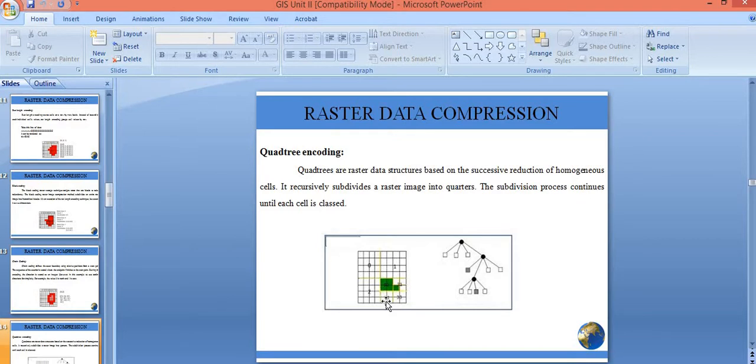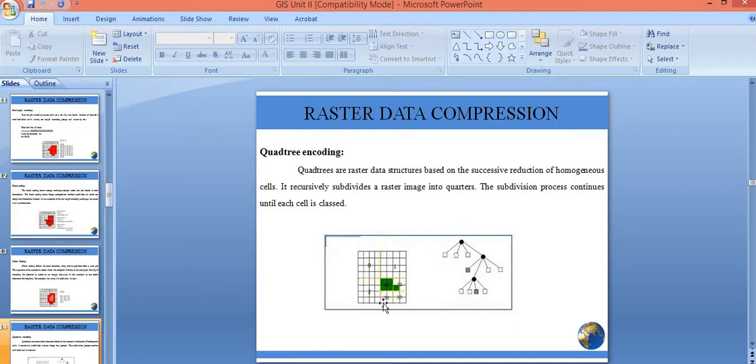What about the fourth part? In the fourth part you don't have the same value in all the cells. In some cells you have green color and in some cells you have white color. So what we did initially, the same thing you have to do for this part. Initially we split the entire layer into 4 parts.